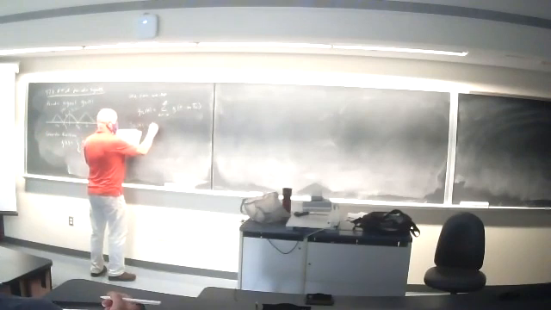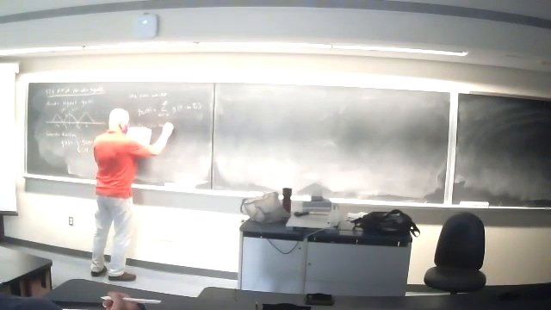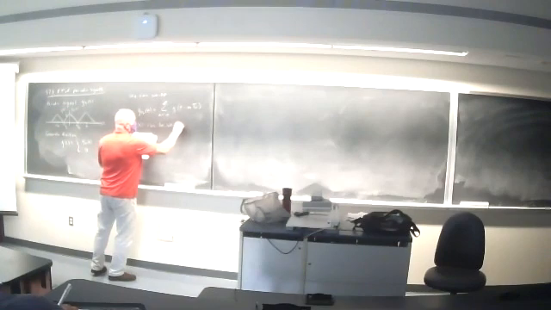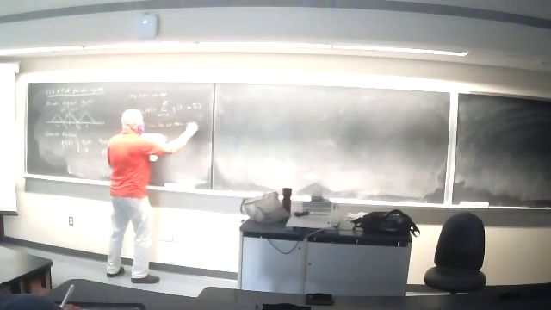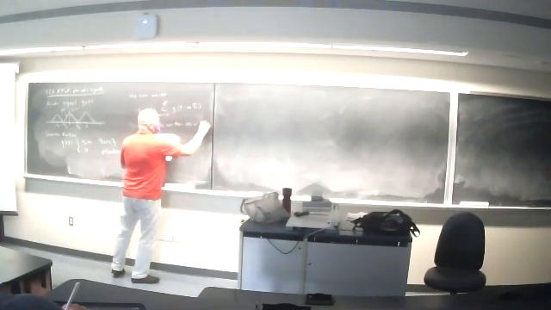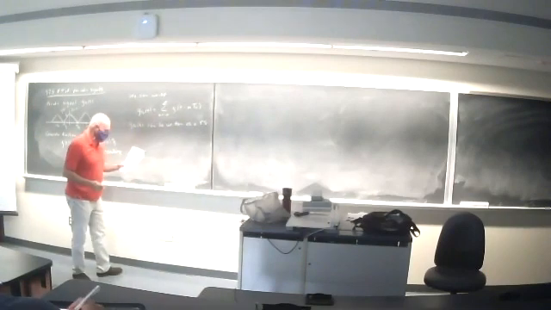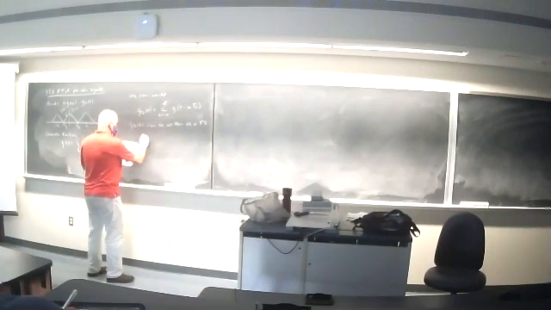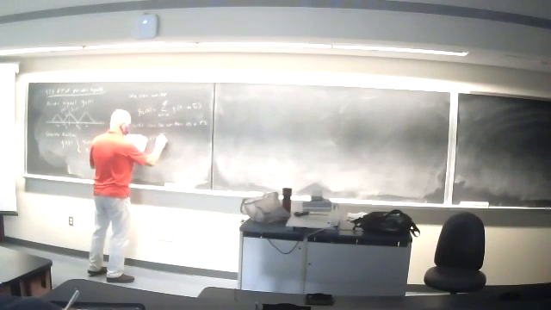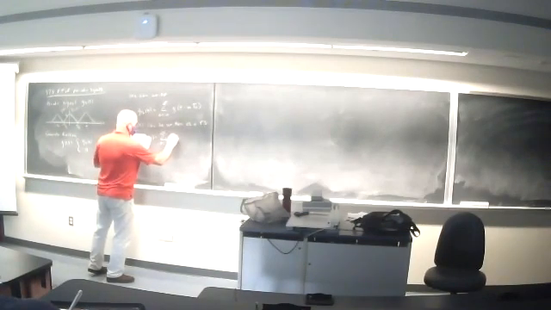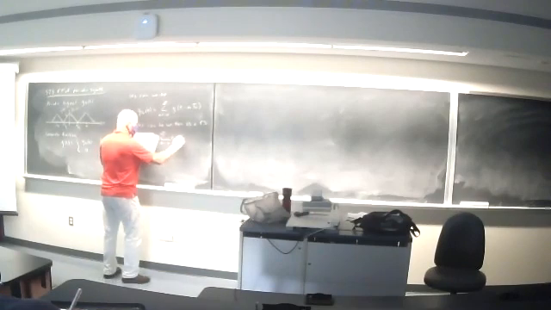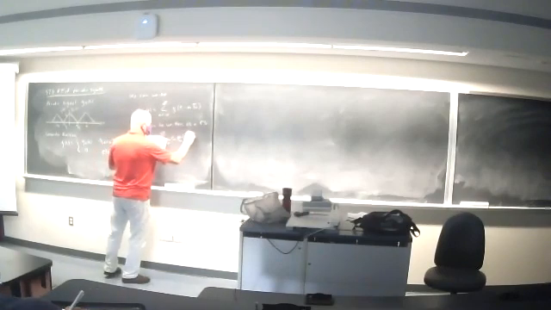Because it's periodic, it has a Fourier series, and the Fourier series representation is a sum from n equal minus infinity to infinity of Cn e to the j 2 pi n f0 t.